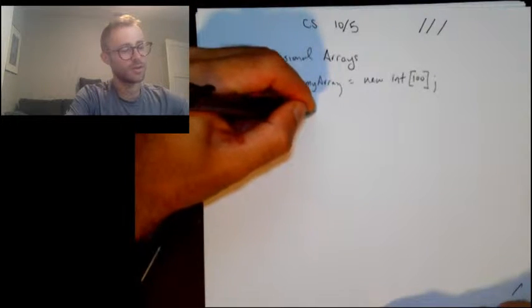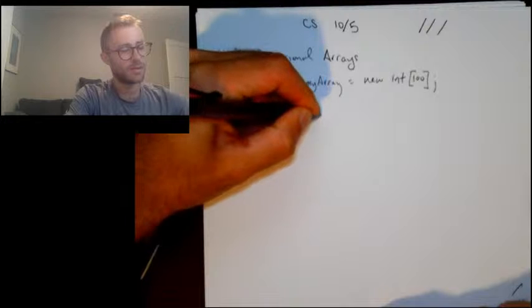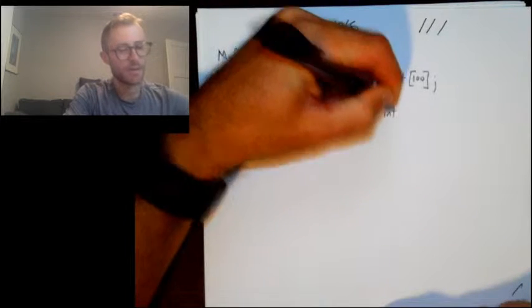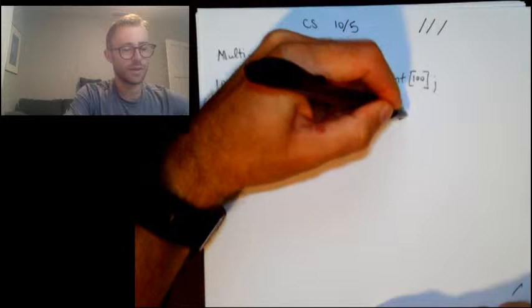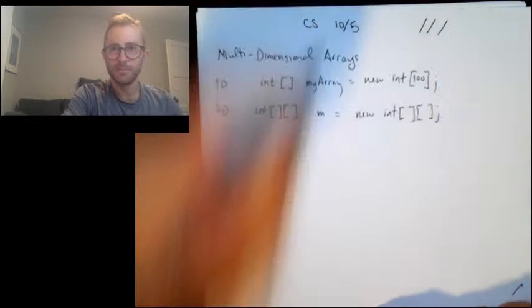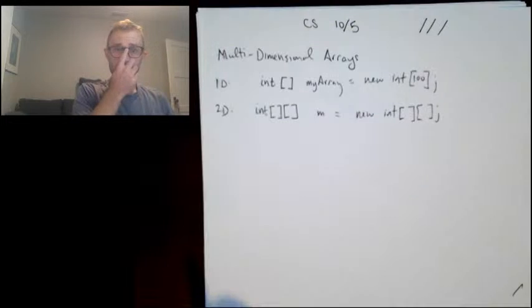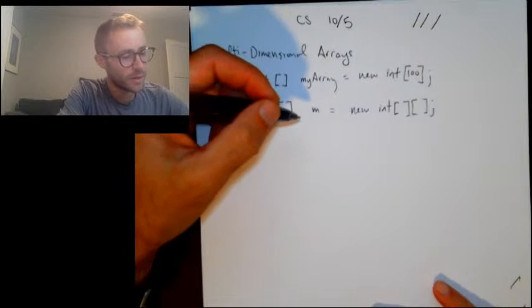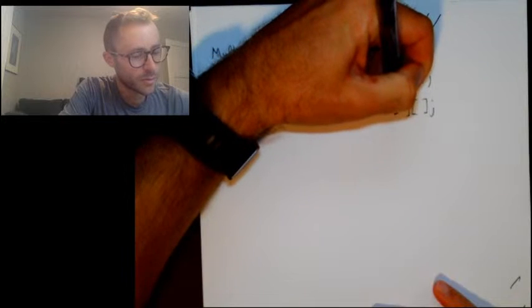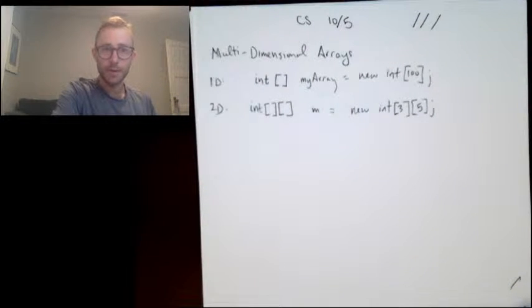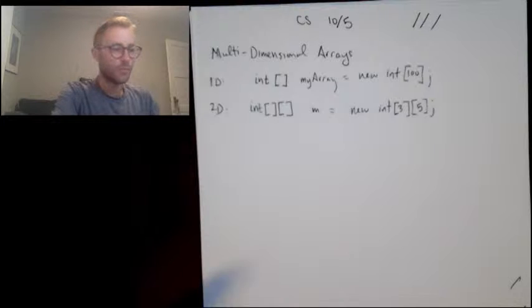I'm going to call it m equals new int, and then again we have to declare the dimensions over here. Okay, so maybe I have this be a 3 by 5 array.